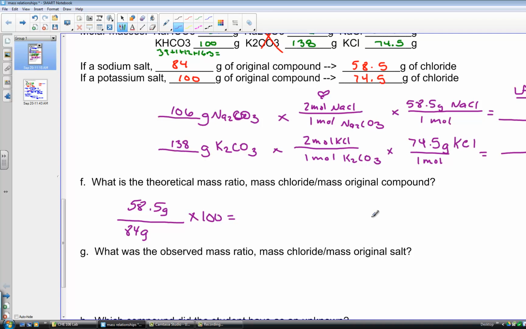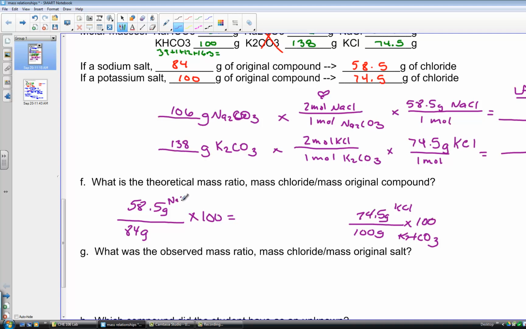Or if you had a KCl, its original value, 74.5 over the original 100. Express that as a percent. So this is your KCl. This is your original mass of the sodium salt, which for us we knew to be KHCO3 for this example.